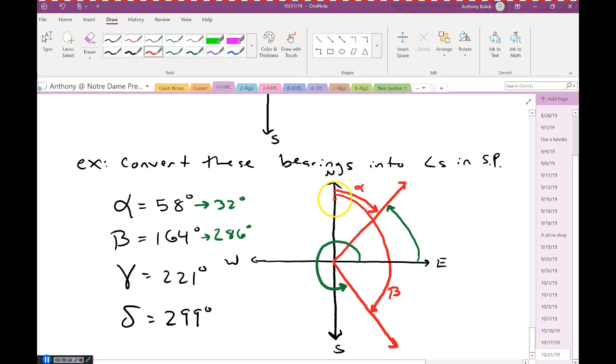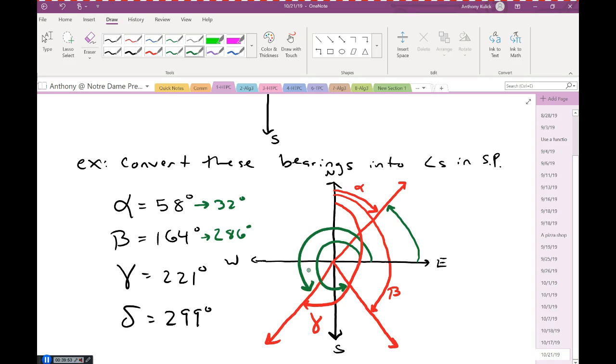All right. Next one is 221. So 90, 180, and then some more. So the angle we're looking for is that one. Everybody okay there?